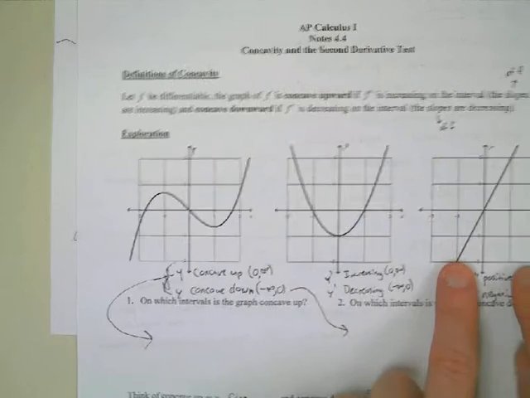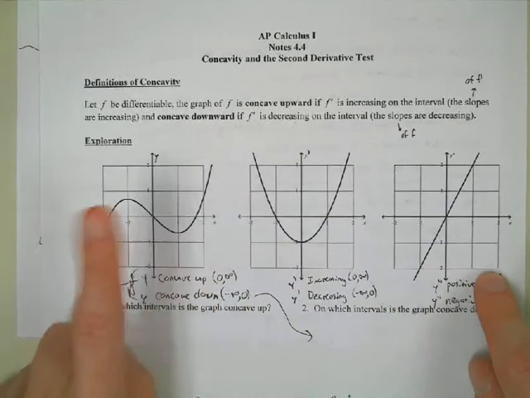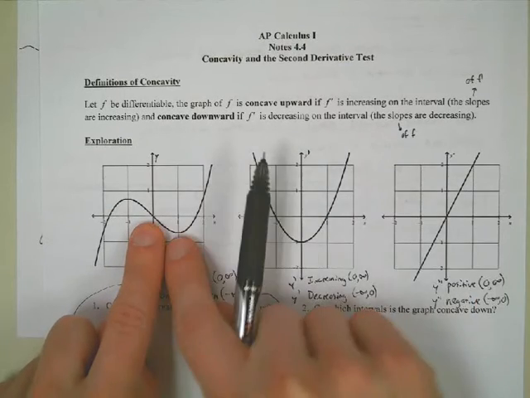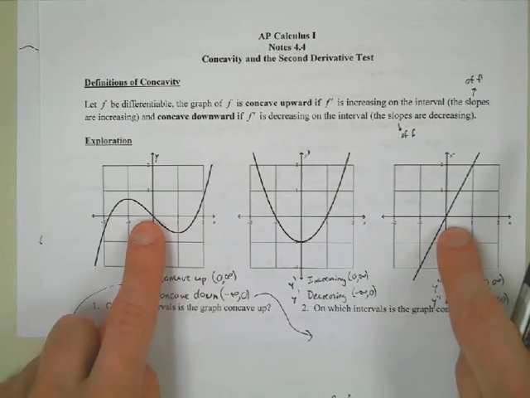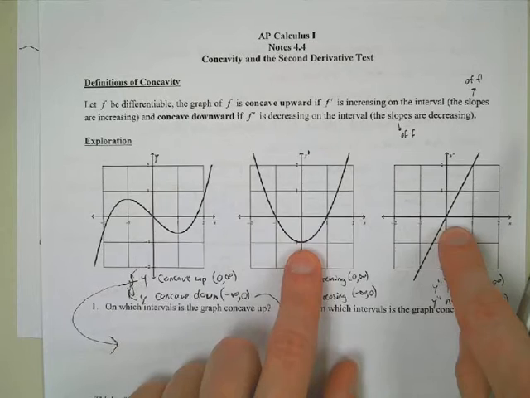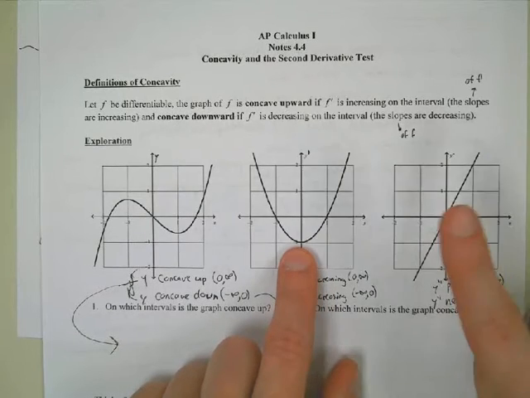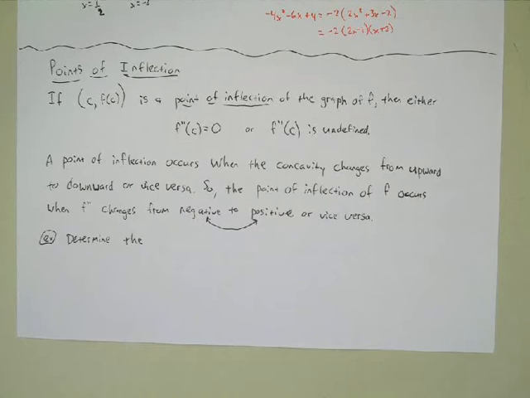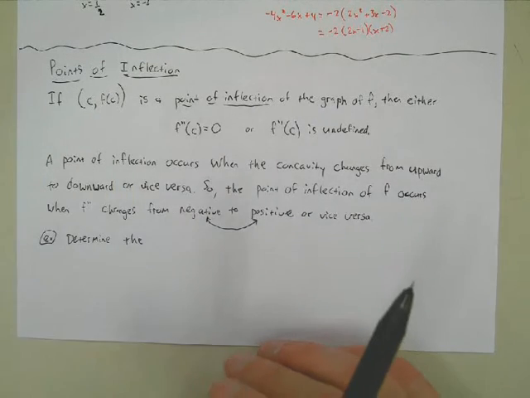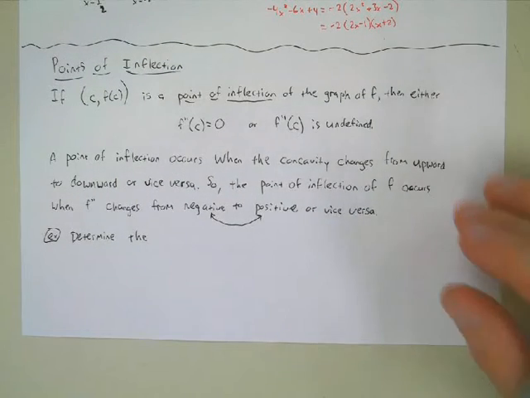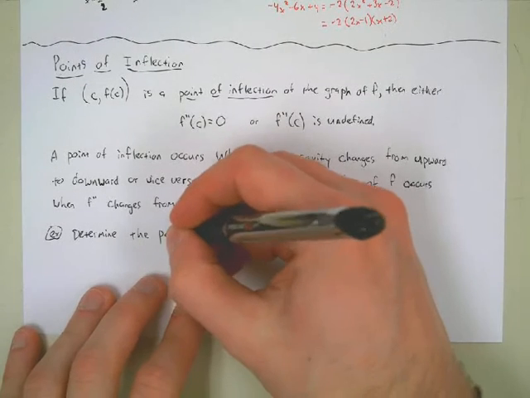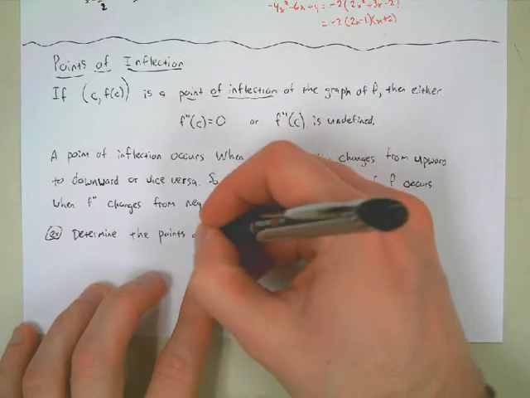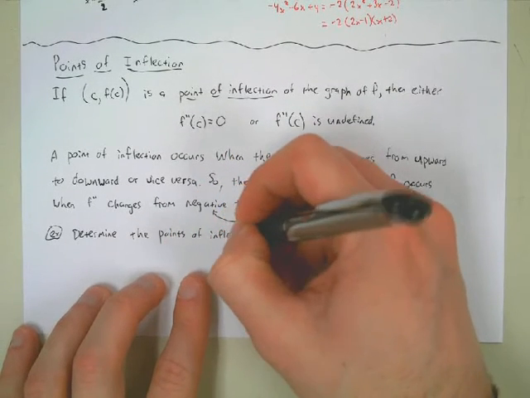This is a point of inflection because this is the second derivative of f, but this is a relative extrema because this is the first derivative of f prime. So anyway. We'll see more about that later. That's a little bit confusing. Anyway. Determine the points of inflection and discuss the concavity.